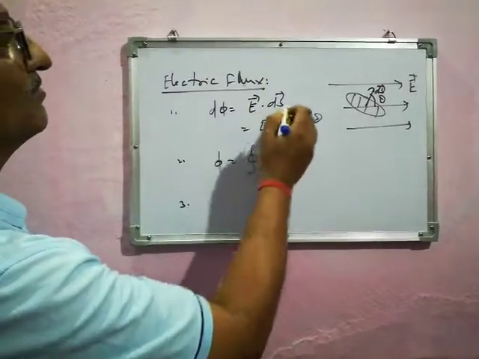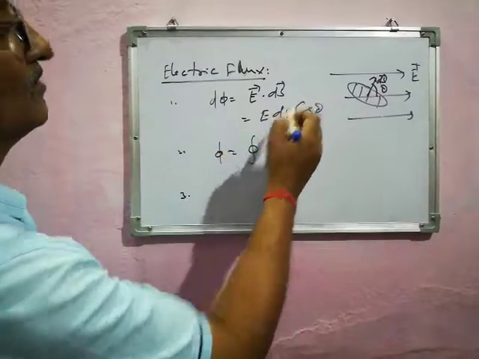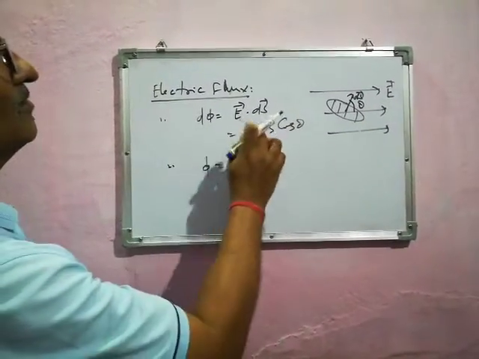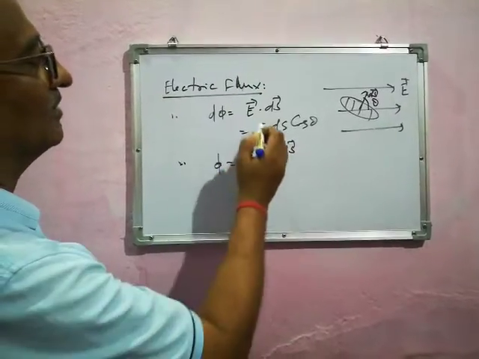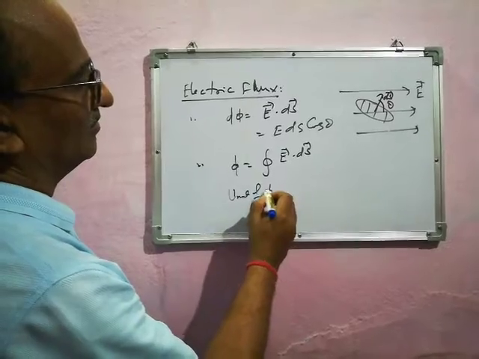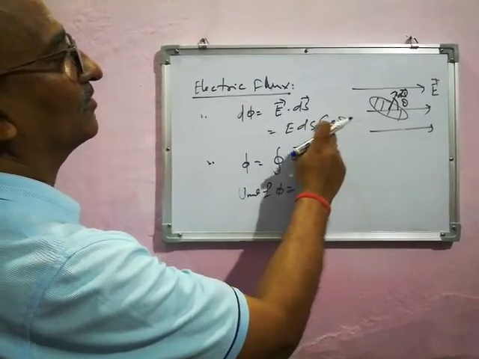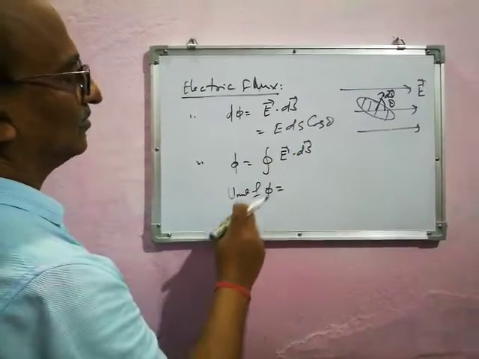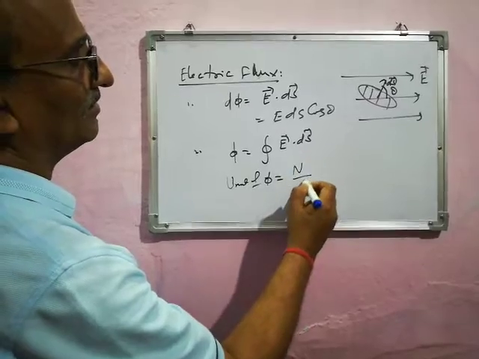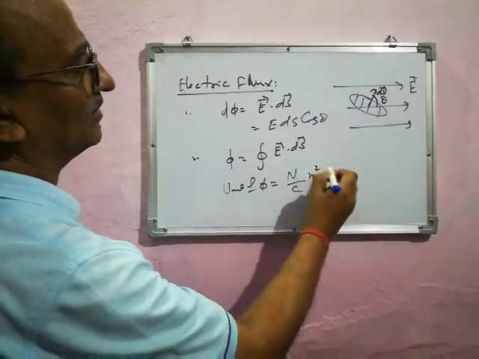With the help of this expression, you can also say the unit and dimensions of the electric flux. Let us learn here the unit of electric flux. Since electric flux is E ds cos theta, the unit of electric flux will be the unit of electric field, that is Newton by Coulomb, and the unit of area is meter square.